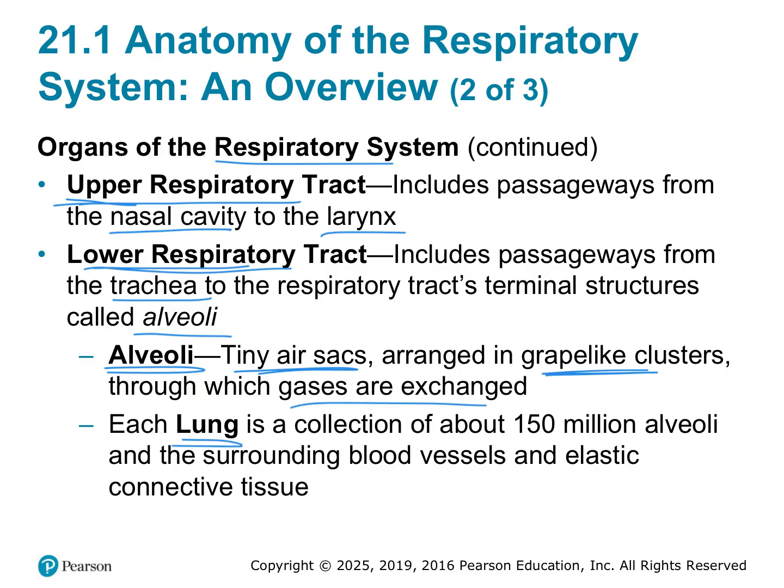Each lung is going to have about 150 million alveoli, and those alveoli are surrounded by blood vessels for the gas exchange and also transport to and from the lungs. We also have a lot of elastic connective tissue because the lungs need to be able to expand and then recoil back to their original shape.